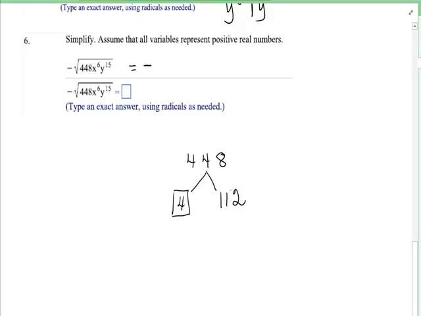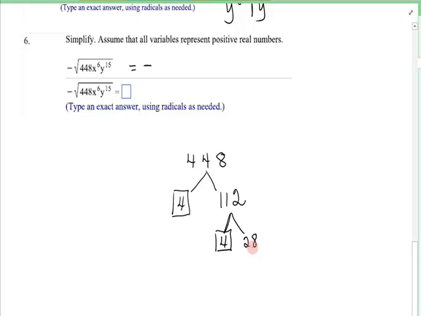But I wonder if a perfect square goes into it. Because it's even again, I'm going to try dividing it by 4. And it goes in there evenly. It's 4 times 28. That's a perfect square. 28's not a perfect square.